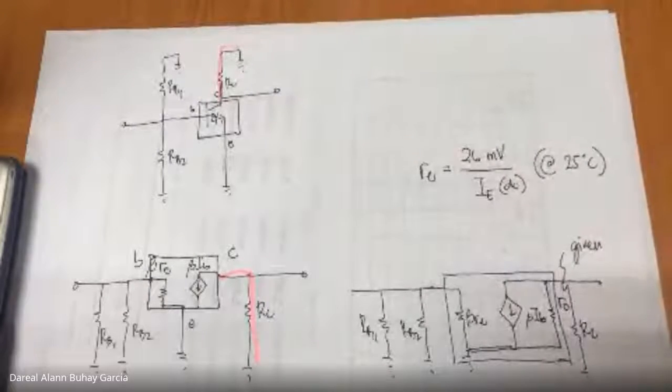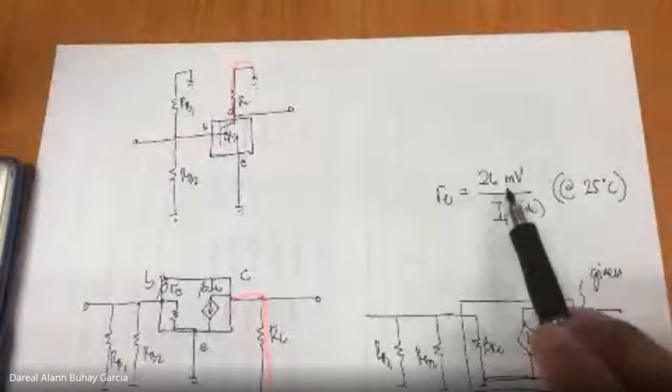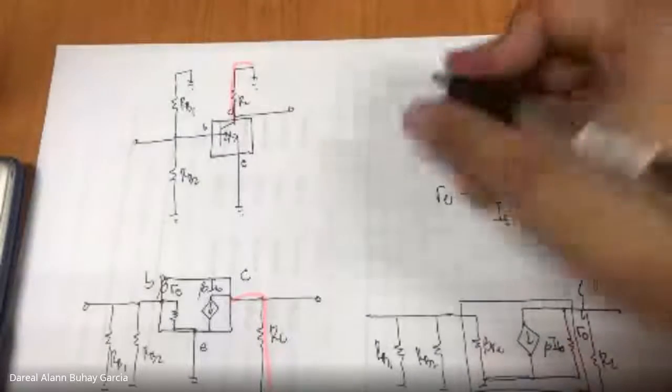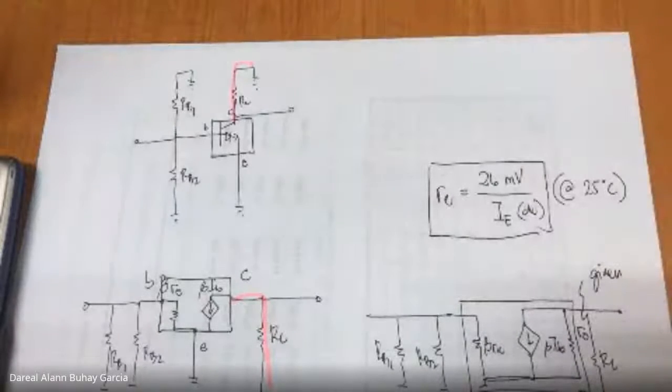So if it is normal room temperature in our application, we could use this formula. It is a constant, so just memorize it.